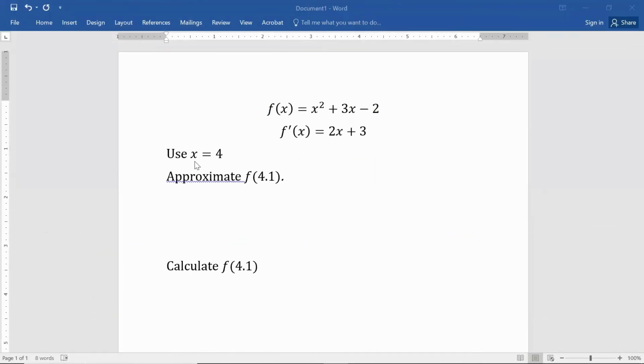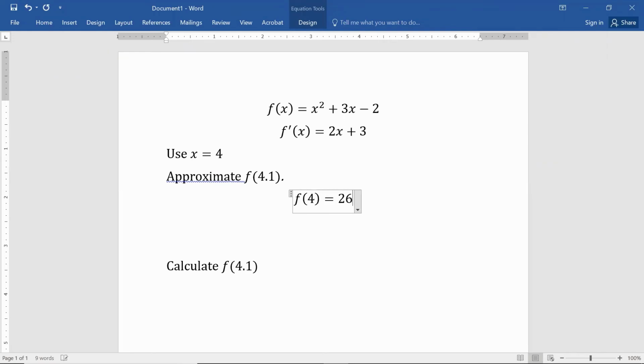So we want to use f of x, use x equals 4, and then approximate f of 4.1. So let's check this out. First off, we need what the function gives me out when I plug in 4. So 4 squared plus 3 times 4 minus 2.